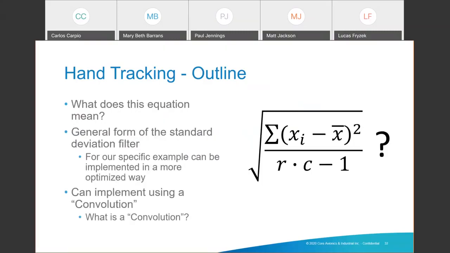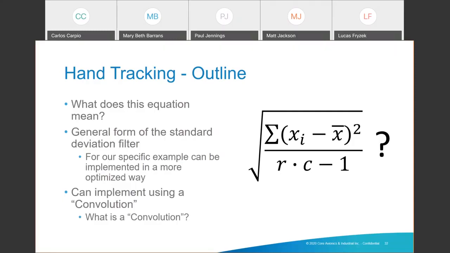And you might be thinking, what does this equation mean? It doesn't look pretty straightforward, especially if you haven't touched math since college. It's really just the general form of a standard deviation filter. And if we were to implement it as it's described in math, it would be very computationally expensive, but we're going to take a more optimized route in order to implement it.